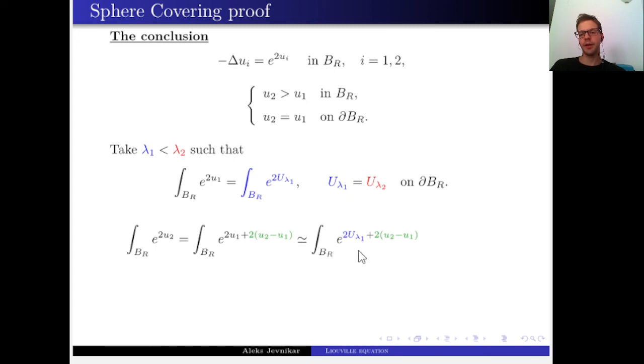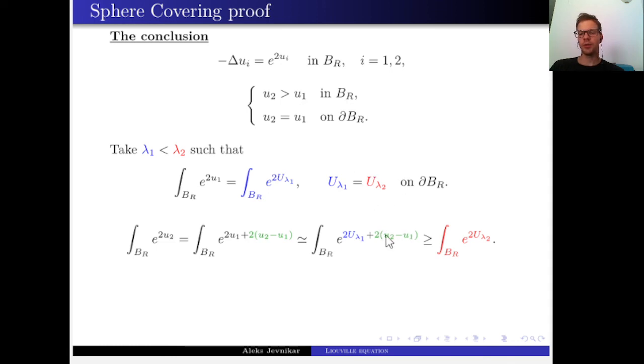Can we compare now this area with the area of the bigger spherical cap? Here we use the alternative, because of course this function agrees on the boundary with the bigger spherical cap.